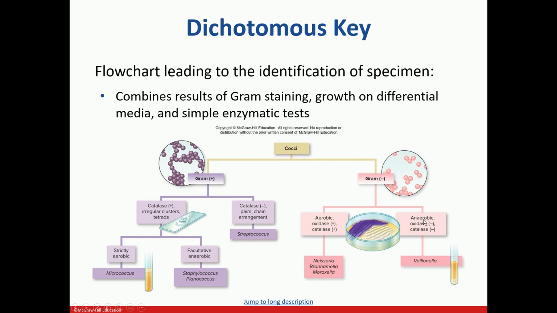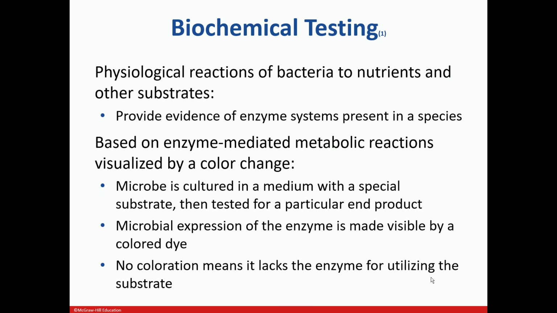Then we can say that, okay, they can be Neisseria, Branhamella, or Moraxella. So they can be these microorganisms. Then there are further tests to identify which of these three it is. And on the other side, cocci, gram negative, suppose they are anaerobic, oxidase negative, catalase also negative.